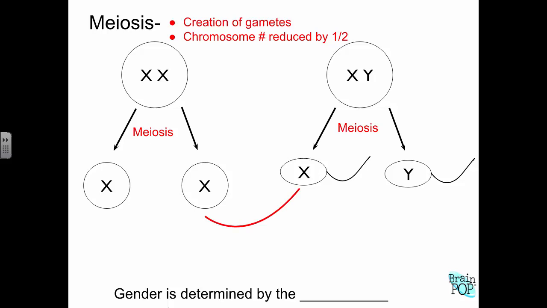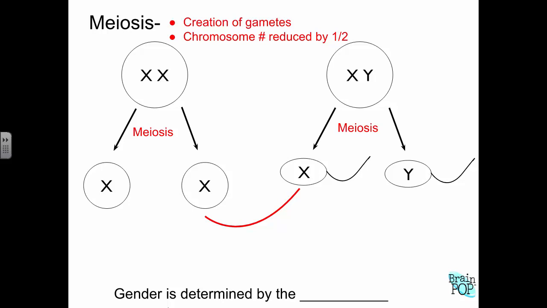So if we have an X sperm that fertilizes, we talked about fertilization, right? Where does fertilization occur? Think back to reproduction. Where in the reproductive system? Yeah, in the fallopian tubes. So this is happening in the fallopian tubes. Not meiosis, but fertilization. So we have the X sperm, it fertilizes an X egg.